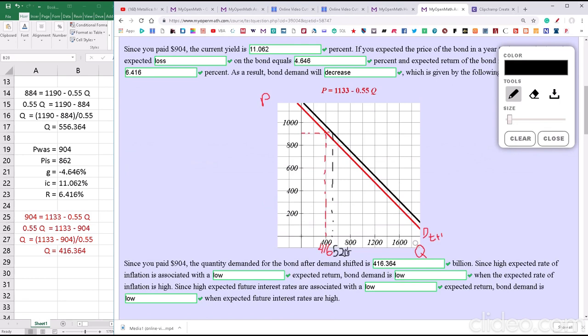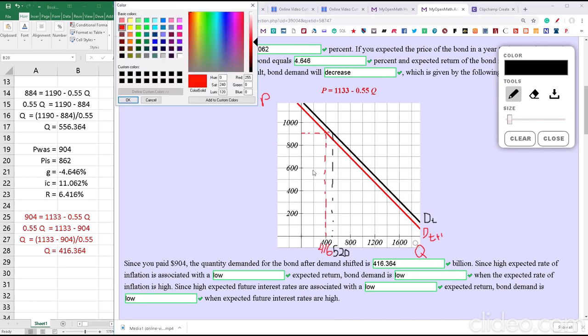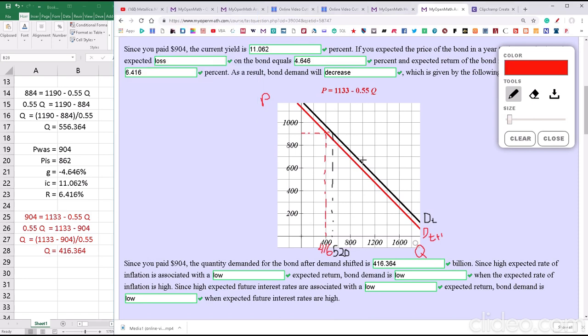So when you graph it, you want to graph it like this, and then label out DT for demand today. Change this to red, and then just draw an arrow for lower demand, right? If you can fit it in there, draw an arrow.